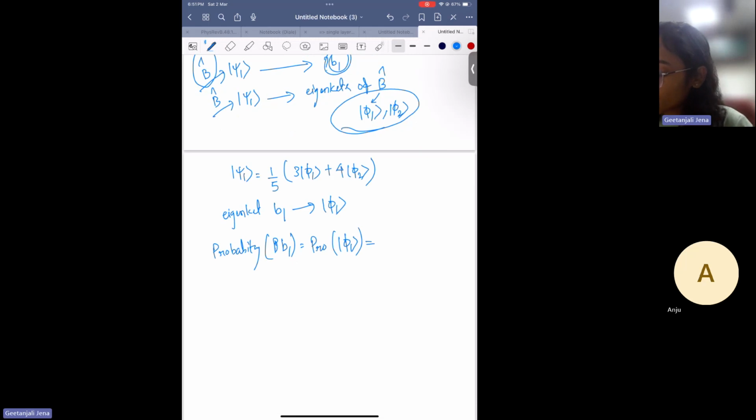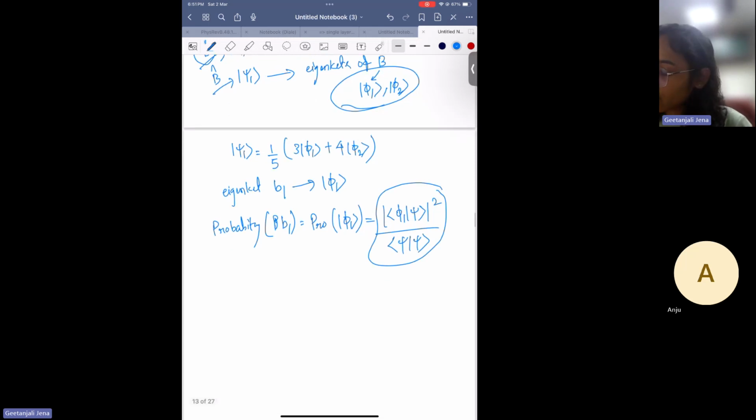So this is equal to the inner product of phi1 with the initial state psi, squared, divided by the inner product of psi with psi. This is the postulate of quantum mechanics. I have used this postulate.